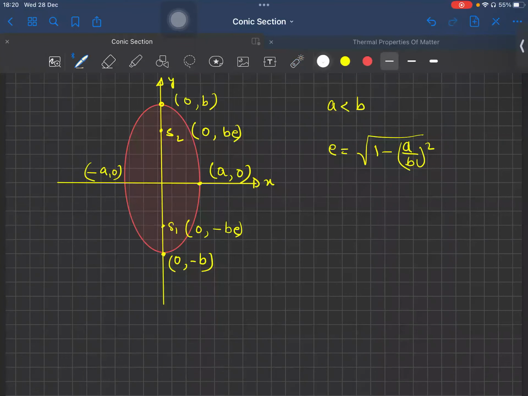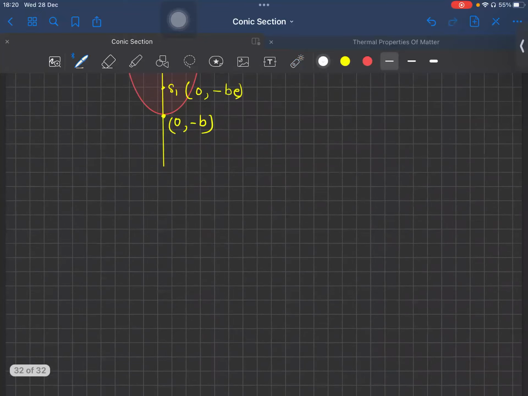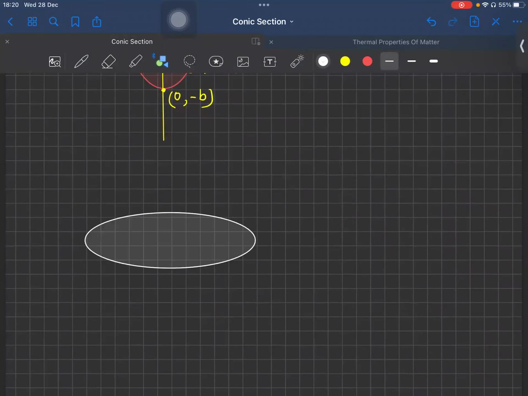Now when the ellipse is on the x-axis, like this, you see this is your major axis, the x-axis is your major axis, okay, and the y-axis is your minor axis.